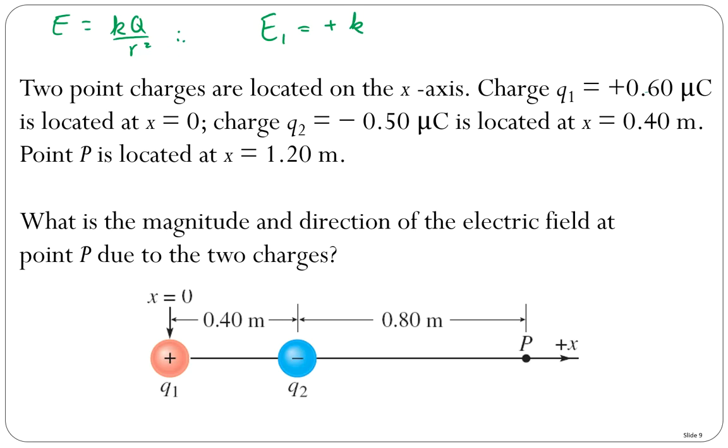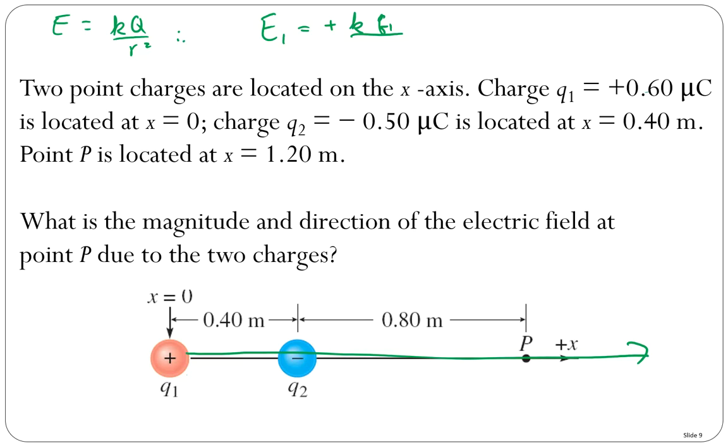K, now the capital Q becomes lowercase q1 for that charge. How is it going to the right and pointing out? That's pointing away from Q1. I thought that Q1 and P repelled each other.